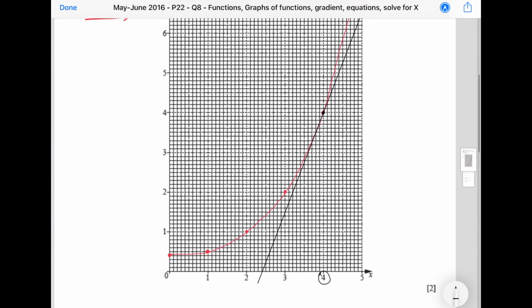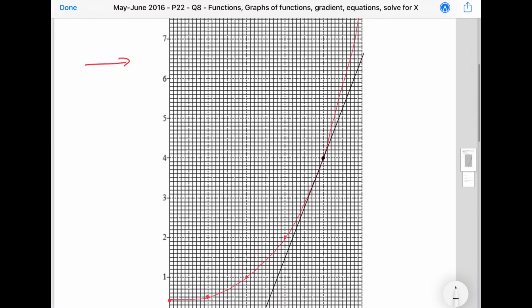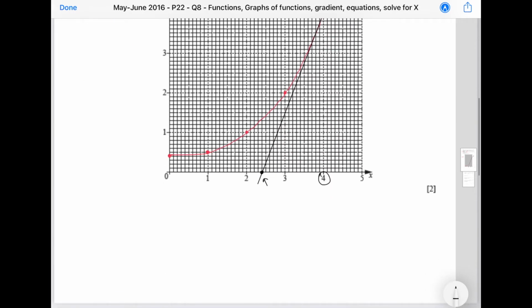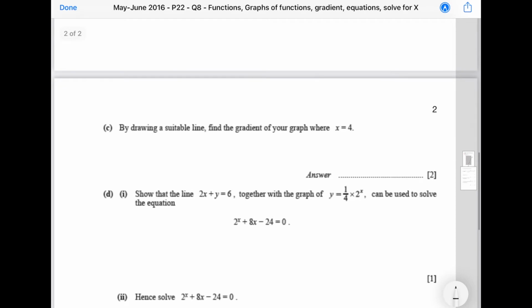So at this point, let's take one of the values of x and y over here and the other value at this point. So this is 5 and 6.5, the coordinates of this, and this is 2.4 and 0. Okay, so let's plot these. We have these values. Let's find the gradient.